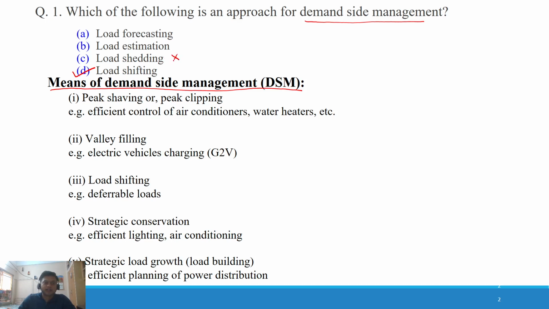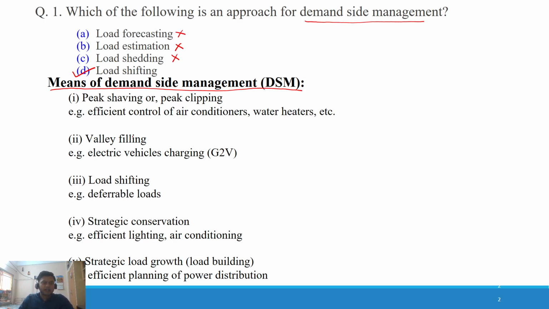Load estimation and load forecasting also do not come in this category. So you are able to get the point: the means by which we can change the load curve come under demand side management, and load shedding does not count because it belongs to curtailment or interruption of power to the customers.